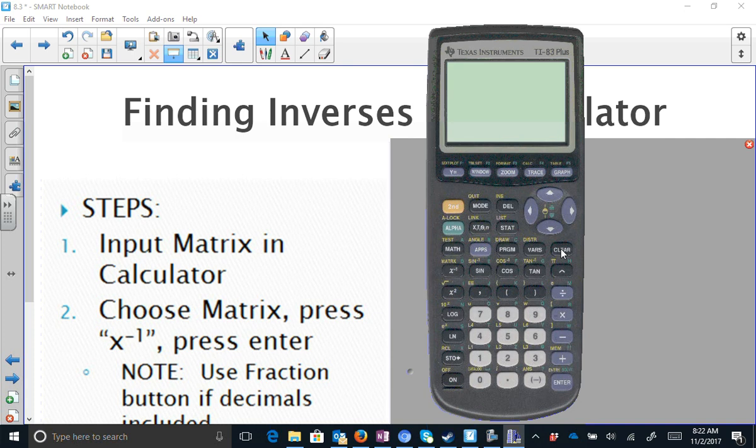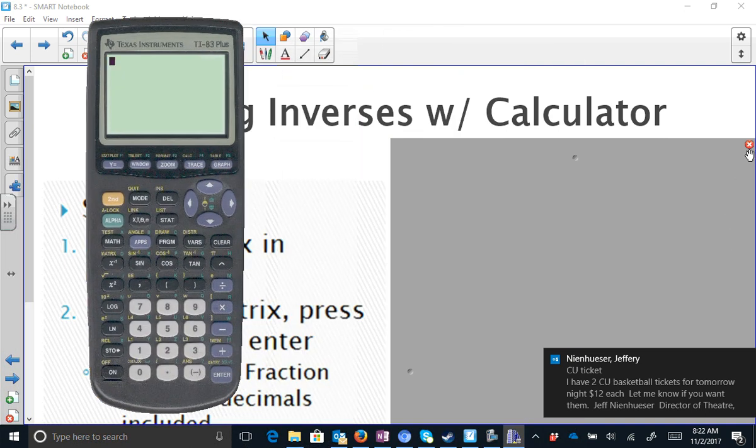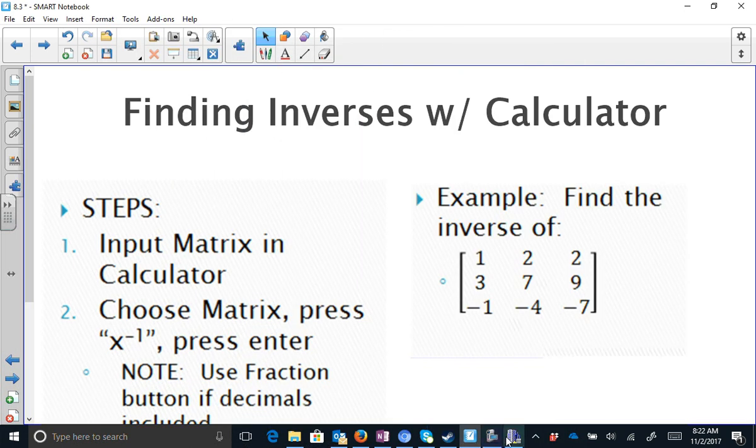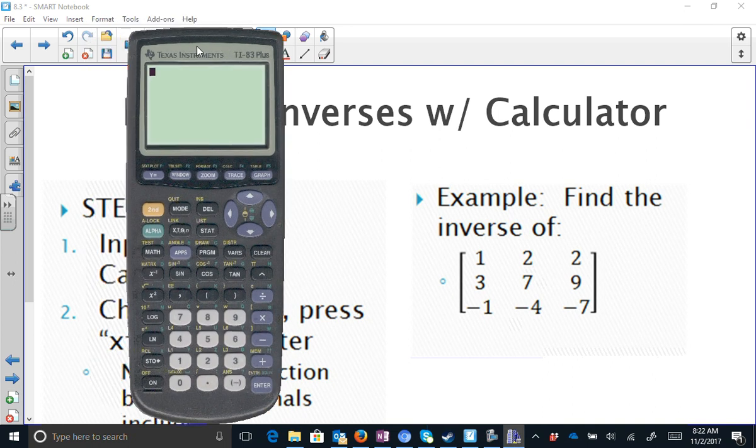Okay, so we are going to have to input our matrix into the calculator. So what I need you to do, before I tell you the instructions, let's at least put this in our calculator. All right? So as a reminder, you need to go to your matrix menu. Edit.